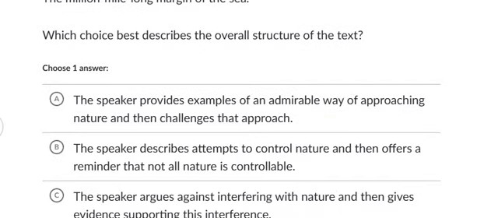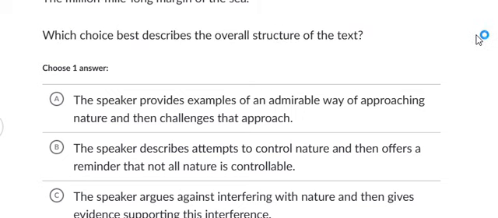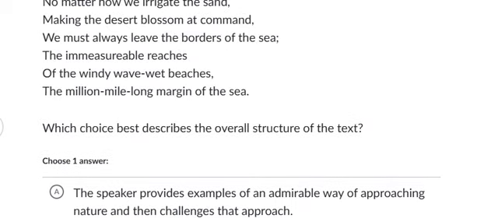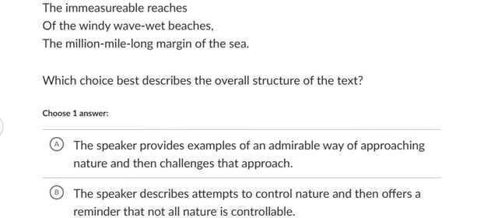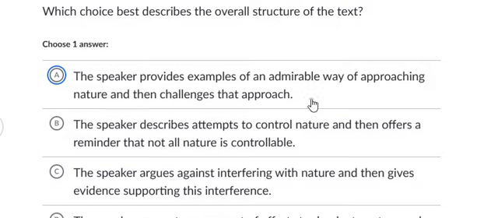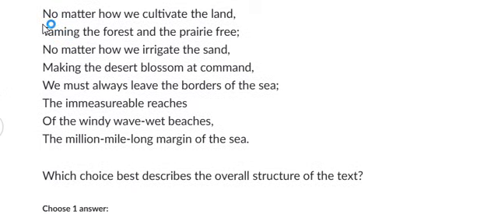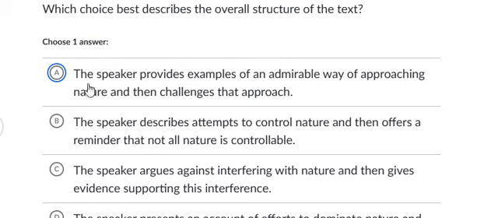After that, the question says, which choice best describes the overall structure? It's just asking what you think the structure could be. It could be that the speaker provides examples of an admirable way of approaching nature and then challenges that approach. Here we are not admiring it, we're probably trying to save it, so I don't think this will be the answer.